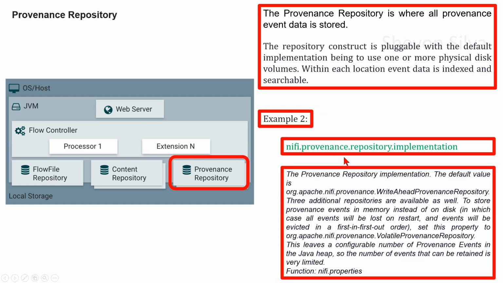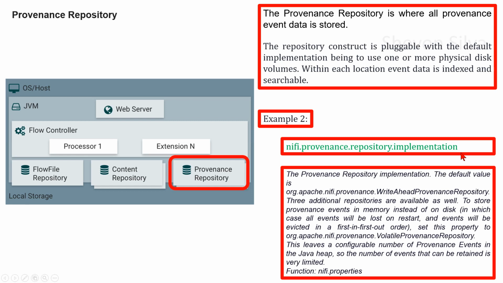As example 2, we can consider nifi.provenance.repository.implementation, the Provenance repository implementation. The default value is org.apache.nifi.provenance.WriteAheadProvenanceRepository. Three additional repositories are available as well.